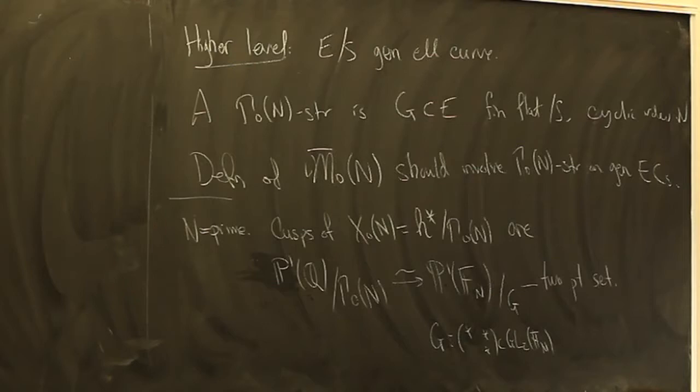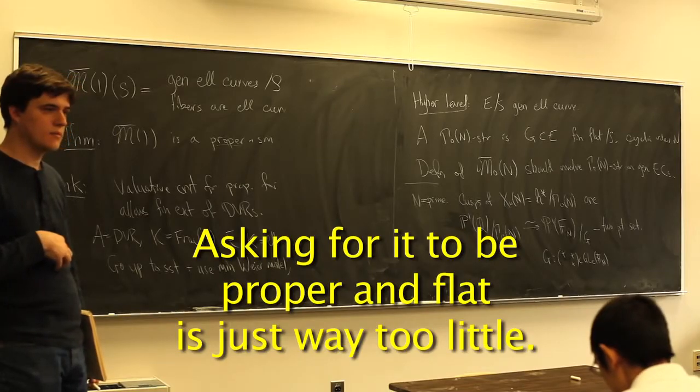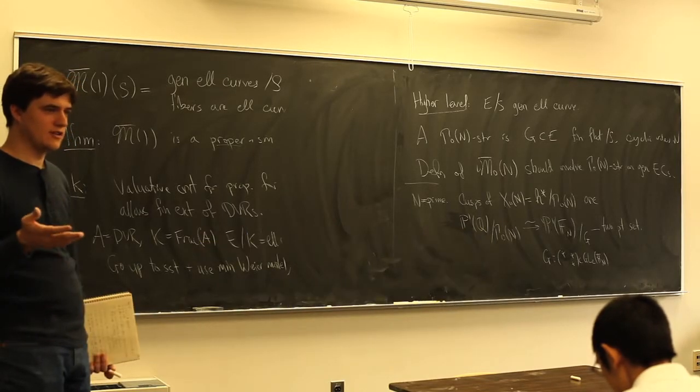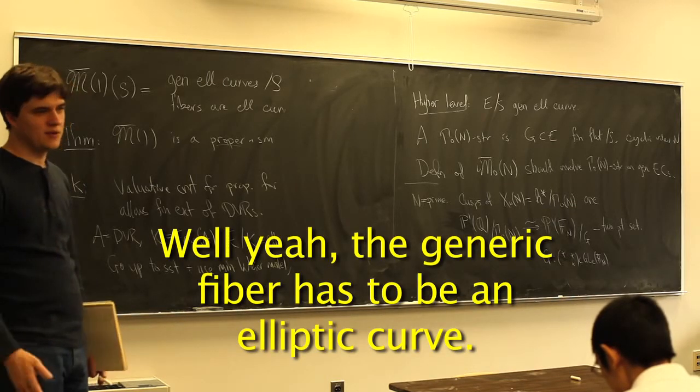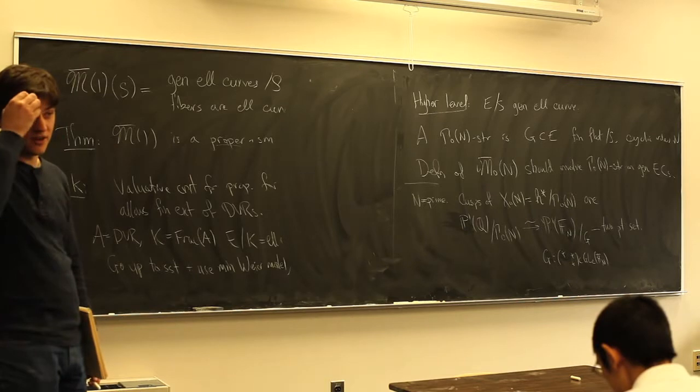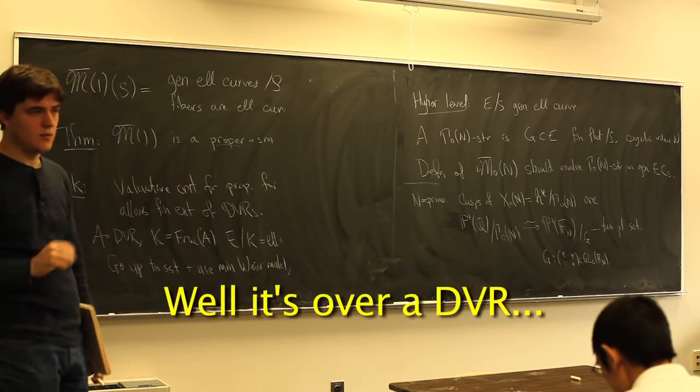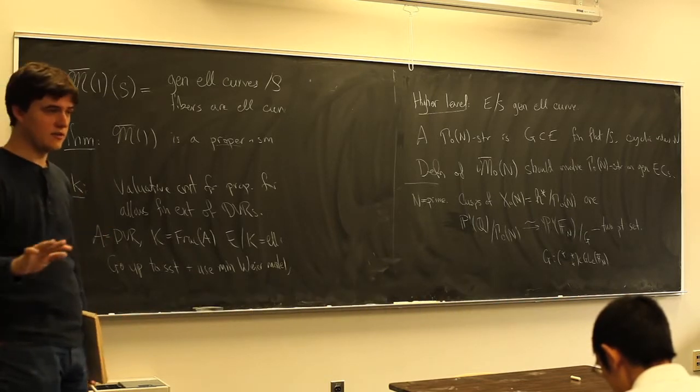The problem is, if you think about what's going on over C, you want to constrain the genus of the fibers, right? But what do you mean, generic fiber? You need to say what the C points are. No, but to define the moduli problem, you just have to say what it is over any base.